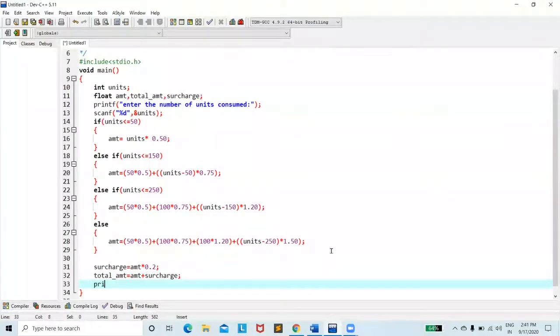Now let me print the final bill. The electricity bill is, it will be in points, right? So percentage f. And where is the answer? It is in total amount.